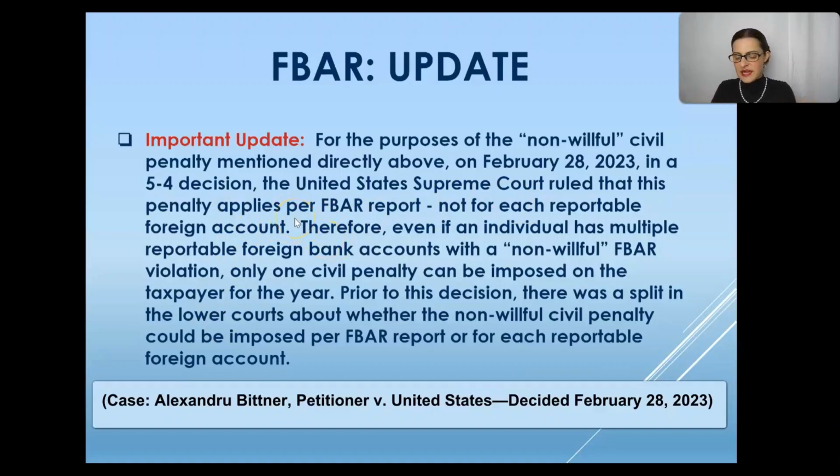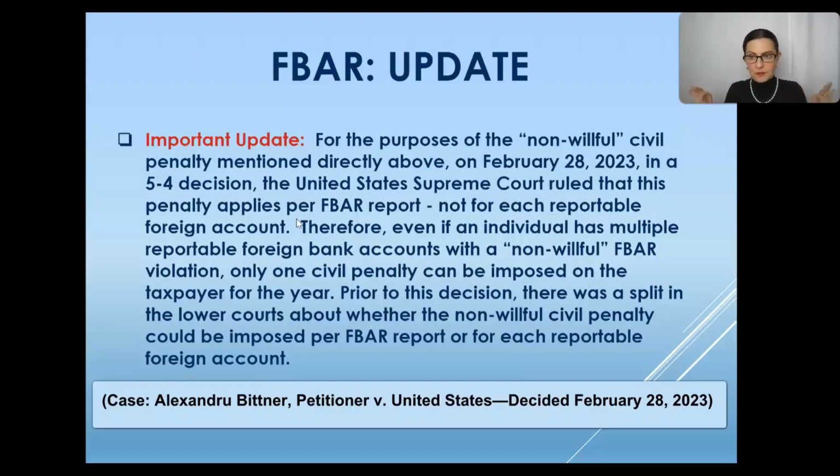What happened in this case is it was a naturalized U.S. citizen. And he had an accountant in the United States, either a CPA or an EA. And he had actually asked that accountant, do I need to file anything specific because I have a business in my home country? And he had bank accounts in his home country. He was reporting all of his income, people.